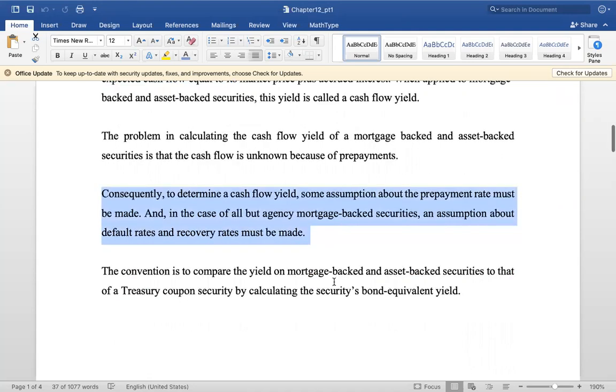The market participants' convention is to compare the yield on mortgage-backed and asset-backed securities to that of a treasury security by calculating the security's bond equivalent yield.